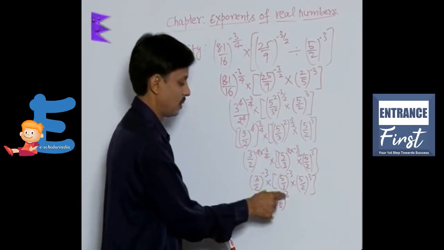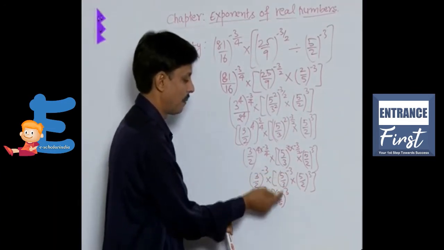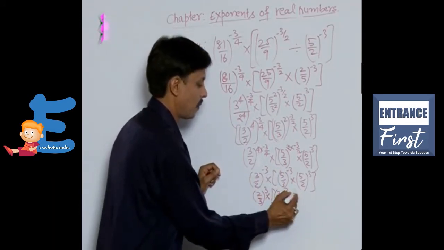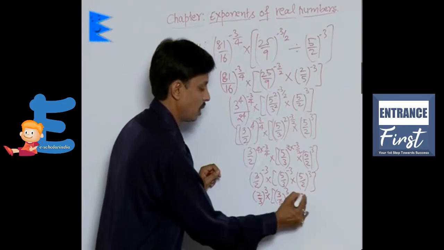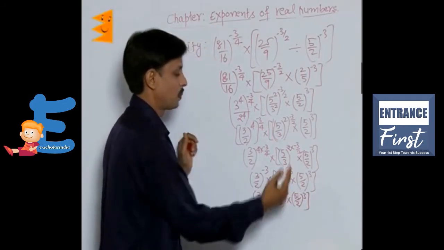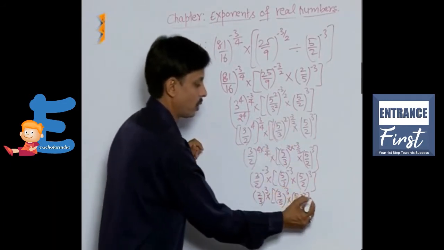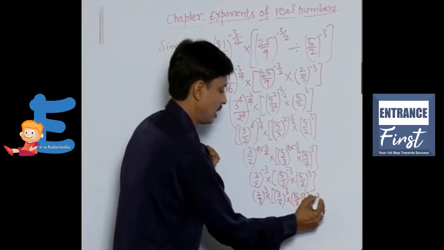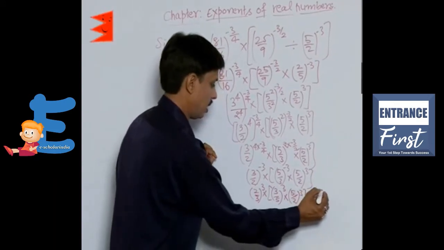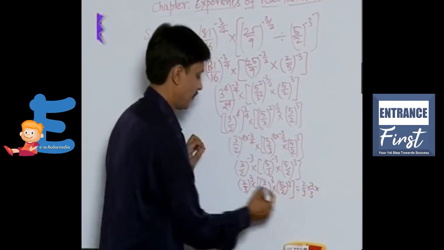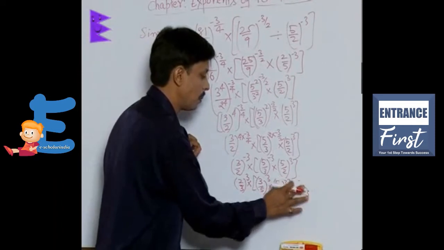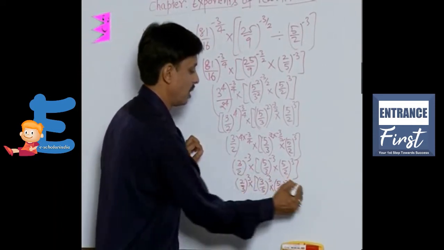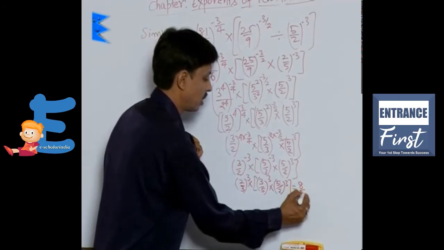Same, if the minus is reversed here, it will become plus, and 5/3 changes to 3/5, multiplied by (5/2)^3. Now I will expand it. So I am going to show you the result here. How? This becomes 2/3 once, then 2/3 twice, then 2/3, or in simplified form you can say (2/3) cube means 8/27.